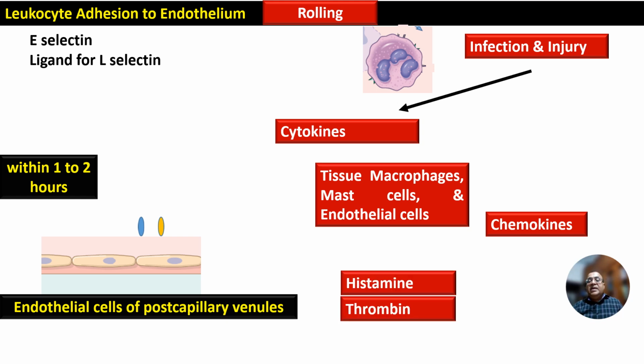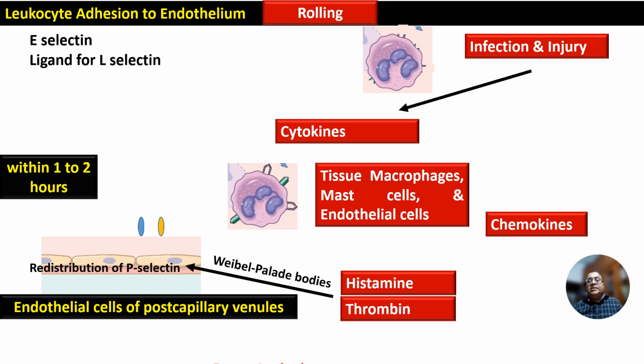expressed. By the action of histamine and thrombin, the Weibel-Palade bodies also are responsible for redistribution of P-selectin, and as a result, there is expression of these selectins, and the leukocyte also expresses L-selectin and ligand for E and P-selectin that are already expressed over here on the endothelial surface.